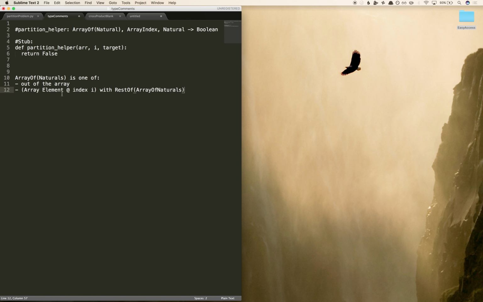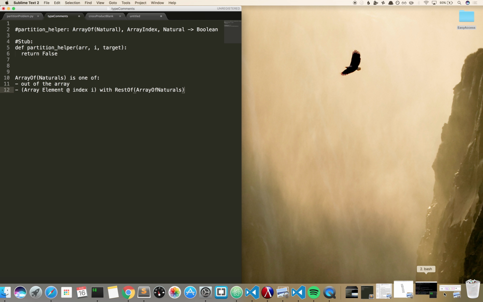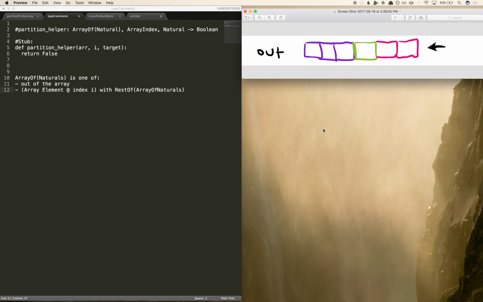I keep saying this is a high level view, so let's try to look at this in picture form. So let's take a look at this array. I took out the numbers because we're at a high level. It's like a map. If we look at line 10, we're saying the array of naturals when we're processing is in one of two states.